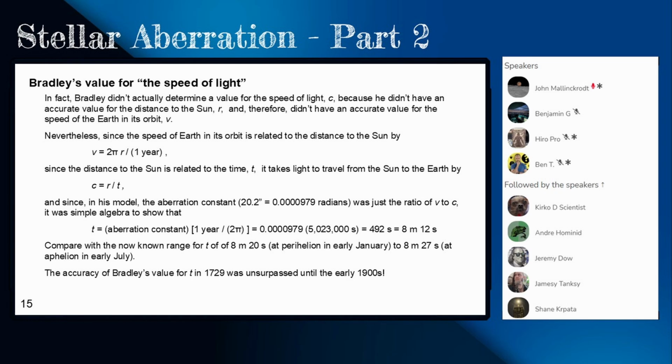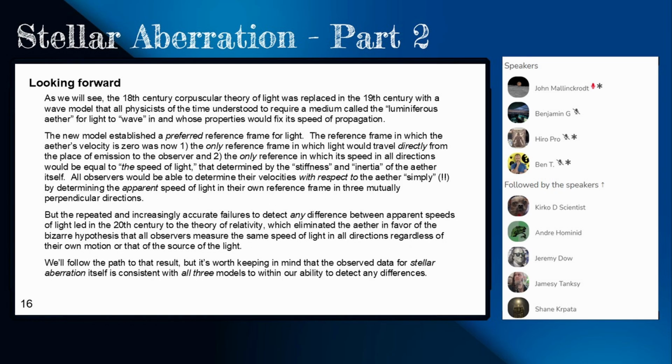All right, so we'll finish up here, just looking forward. As we will see, this 18th century corpuscular theory of light was replaced. We're going to jump 100 years ahead right away next week, because nothing really important happened with the corpuscular theory, except that people started thinking about the wave theory.